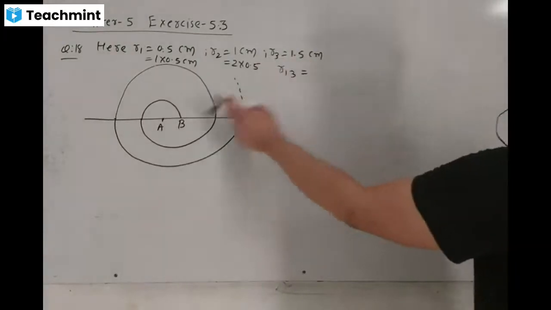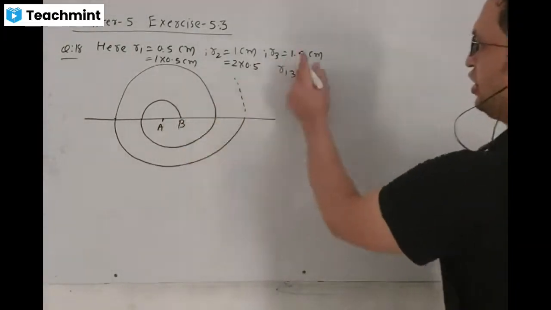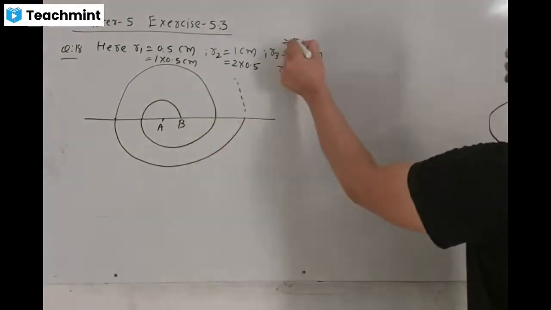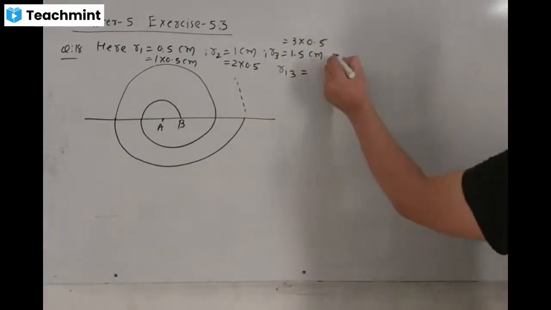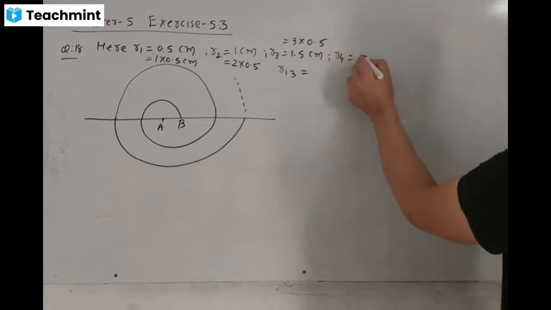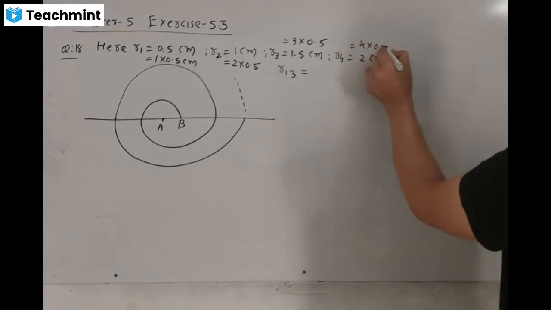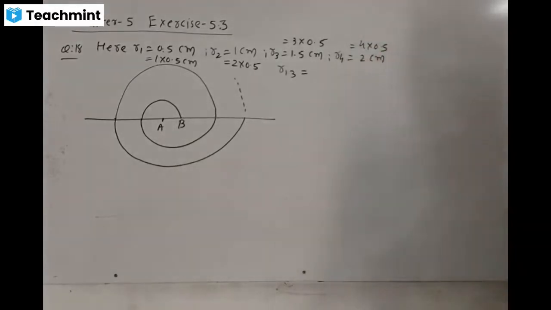In the third circle with center A and radius 1.5, that is equal to 3 multiply 0.5 centimeter. Similarly for R4, R4 is equal to 2 centimeters, that is equal to 4 into 0.5.